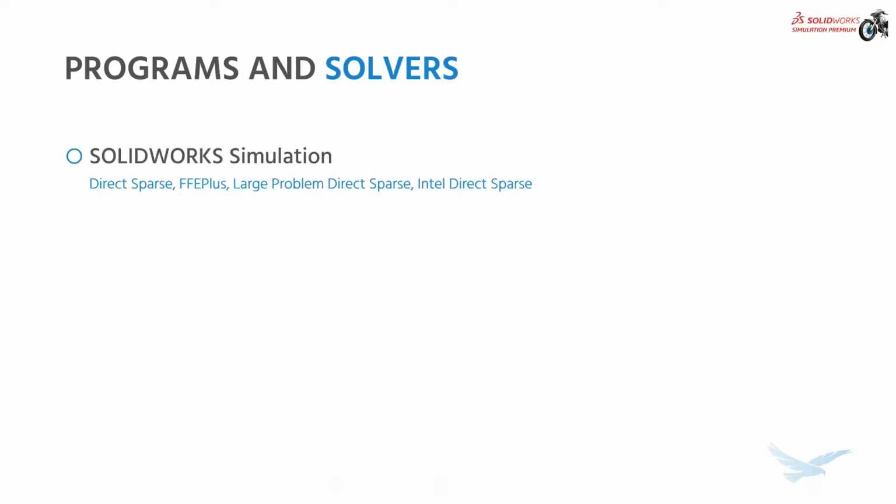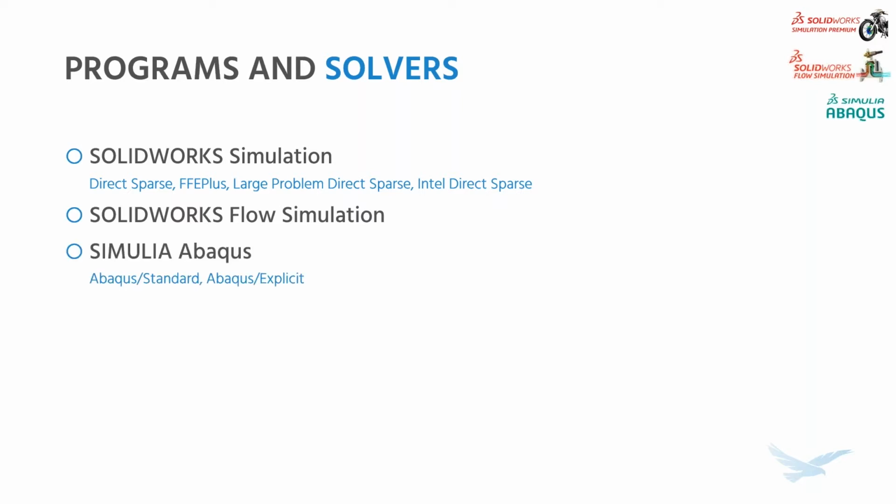We've got, of course, SolidWorks Simulation, which is our FEA tool built directly into SolidWorks. Works really well for fast, quick analyses in the design process, and it can also handle some pretty complex problems as well. Got SolidWorks Flow Simulation, which is our computational fluid dynamics tool inside of SolidWorks. We've got some examples using the Simulia Abaqus tool. Like Tim mentioned, this is where I spend a lot of my time these days.